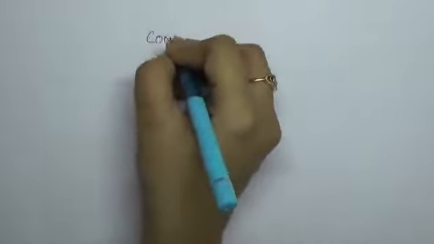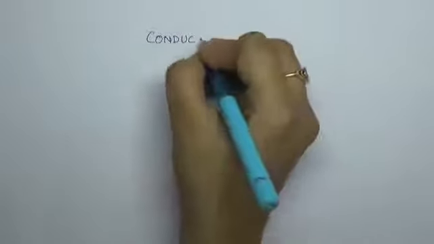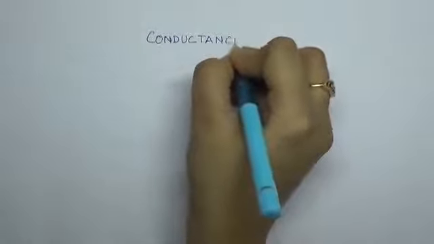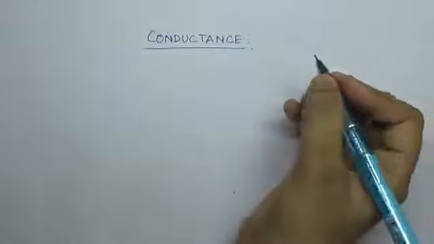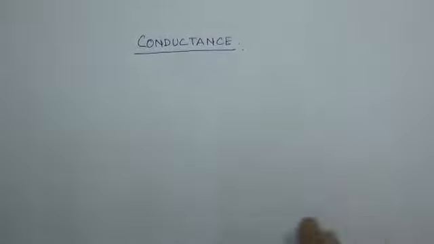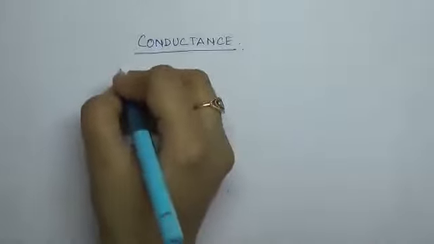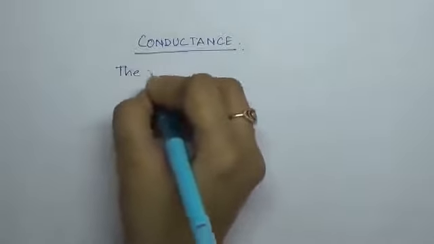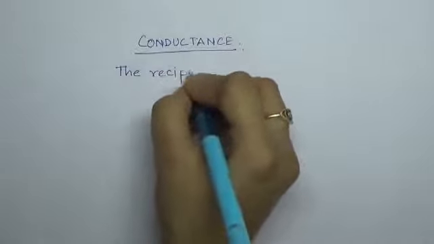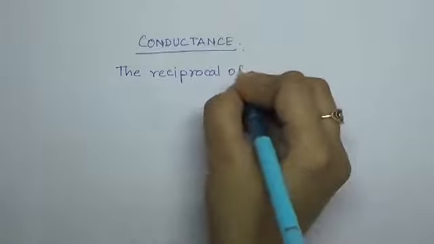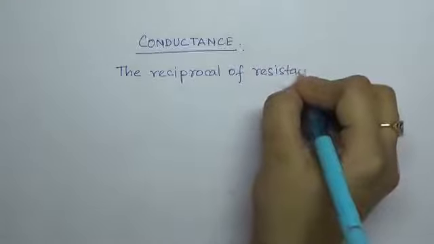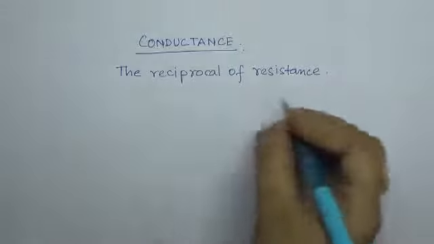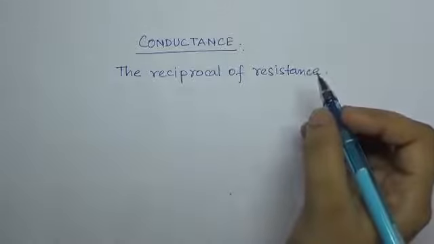Now, there's a term that is called conductance. Have you ever heard the term conductance? What is conductance? Very simple. You have understood resistance, right? The obstruction offered to the flow of current is known as resistance. Now, conductance, in a very simple language, is defined as the reciprocal of resistance.